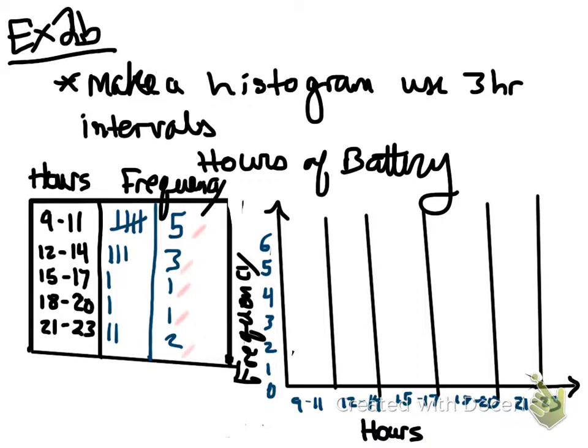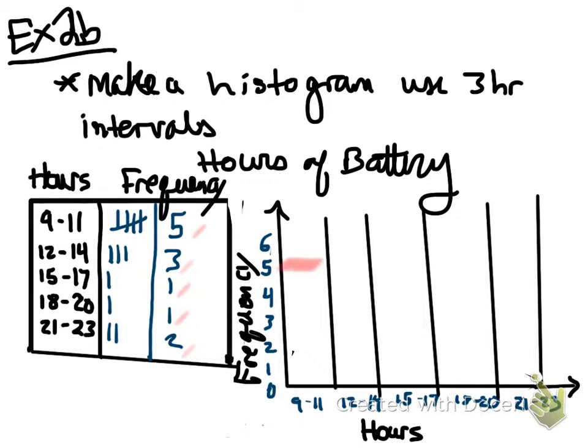Then you should have labeled a bar graph with hours of battery life, had frequency as your y-axis, hours as your x-axis, and labeled your hours axis in terms of hours 9 to 11, 12 to 14, 15 to 17, 18 to 20, and 21 to 23.